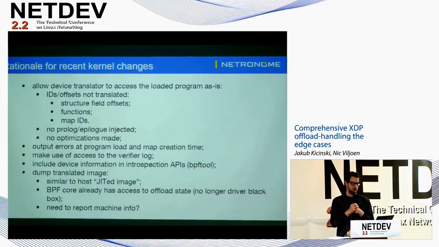This could be just errors, like telling the users why the program couldn't be loaded or offloaded, or state about optimizations which were done or not done for some reason. So the verifier log is a really useful tool, but obviously if we run the verification for the second time inside the networking subsystem, there's no way for us to report it back to user space. So moving the translation for the device to the load stage is really useful in that regard.